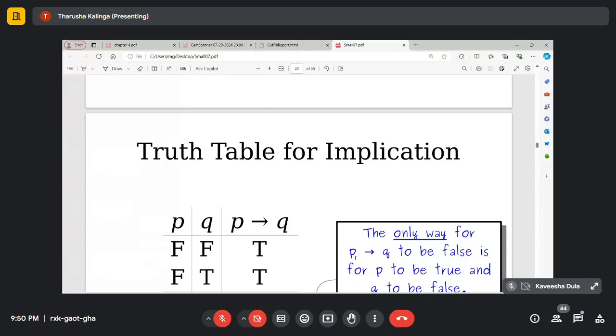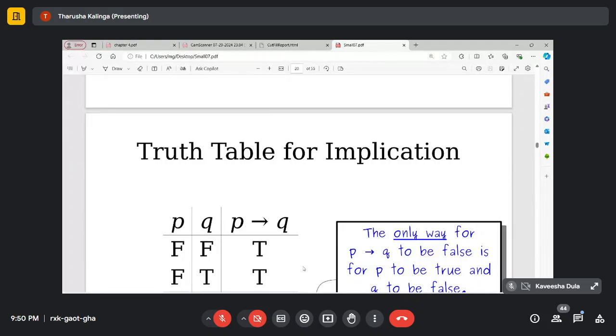What do we call that? That is the conditional, and if we change the direction of the arrow, we call that the converse. So that is the converse of the conditional statement.